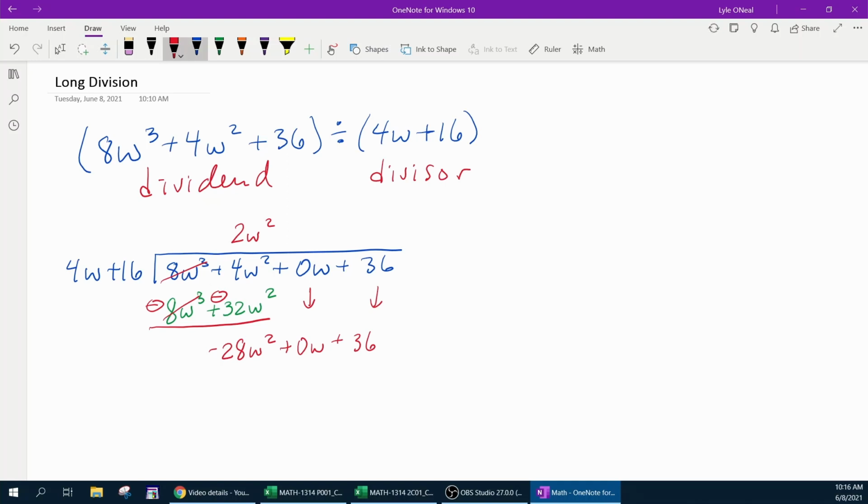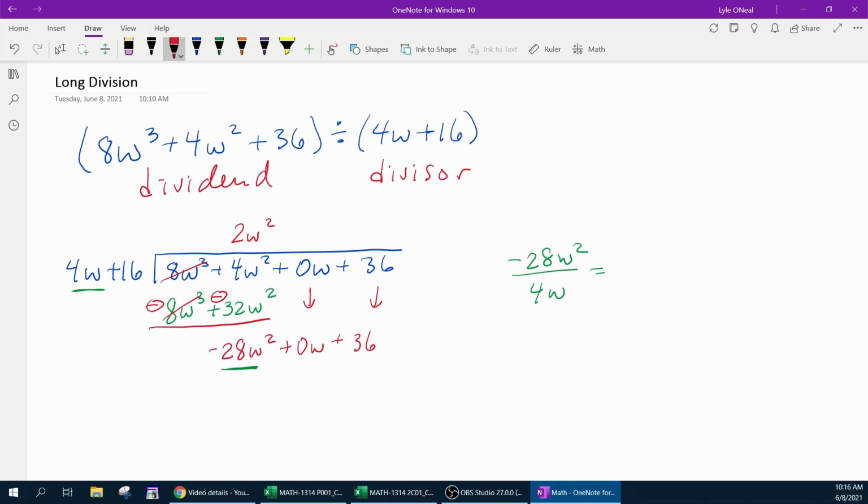What does that mean? It means that we're going to go to this term and divide by the first term of the divisor. So we're going to do the division again. Negative 28w squared divided by 4w, whatever that is, will give us the next term of the quotient.